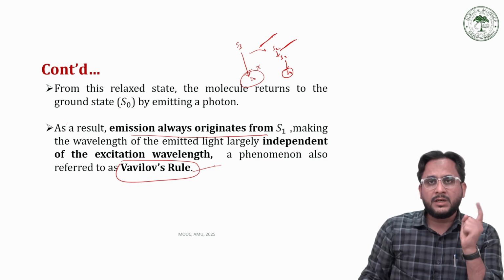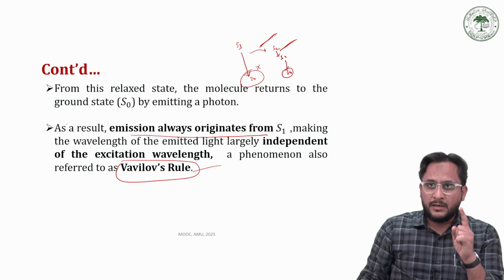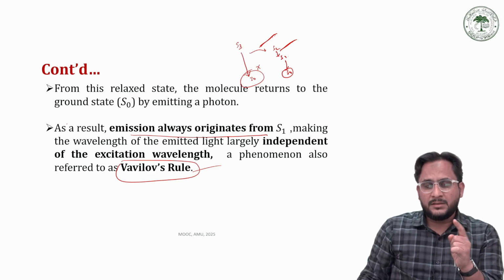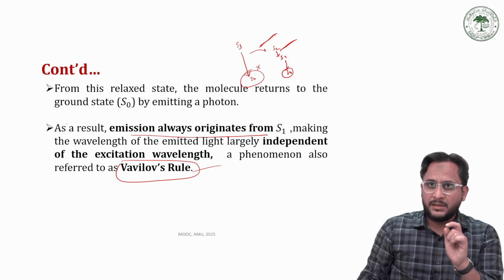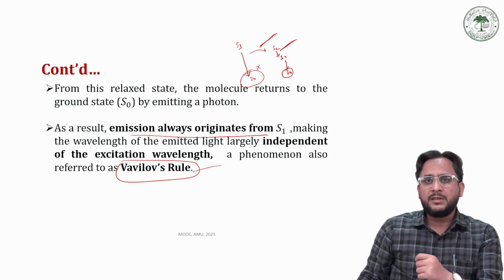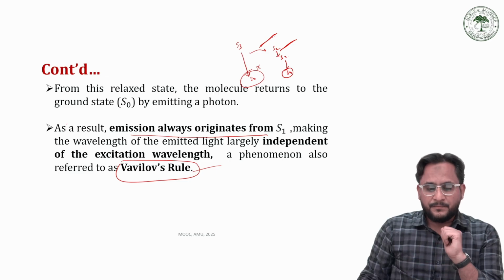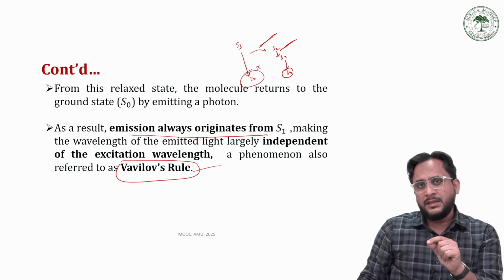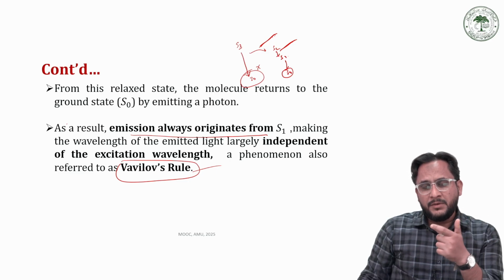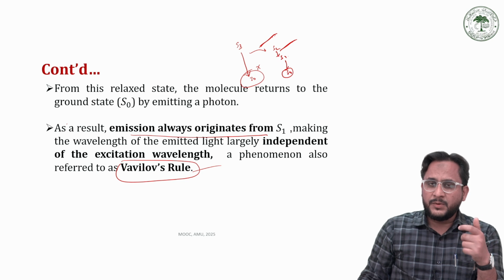So we have learned two rules. First, Kasha's rule: vibrational relaxation as well as internal conversion takes place, which causes the electron in the excited state to come to the lowest vibrational level of the first excited state, and then the electron comes back to the ground state emitting light radiation. Second, Vavilov's rule says that the wavelength of light emitted is independent of the wavelength of light used for excitation, because when excitation takes place, electrons go to a higher excited state.